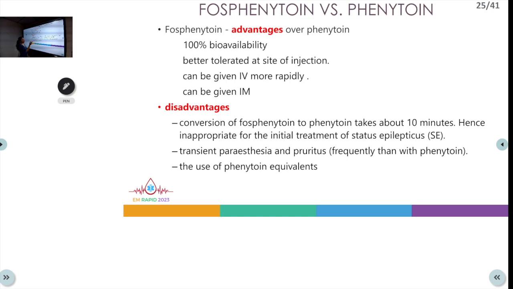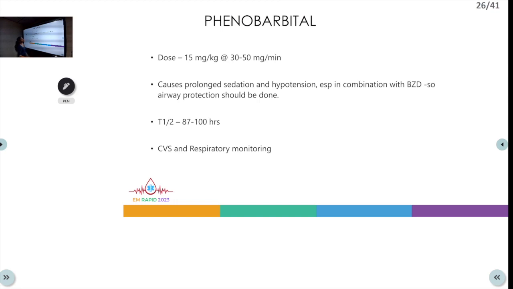Disadvantages: it will take some time to get converted into phenytoin. Sometimes the patient might complain of paresthesia and pruritus, which is more frequent than with phenytoin, and there is the use of phenytoin equivalents.